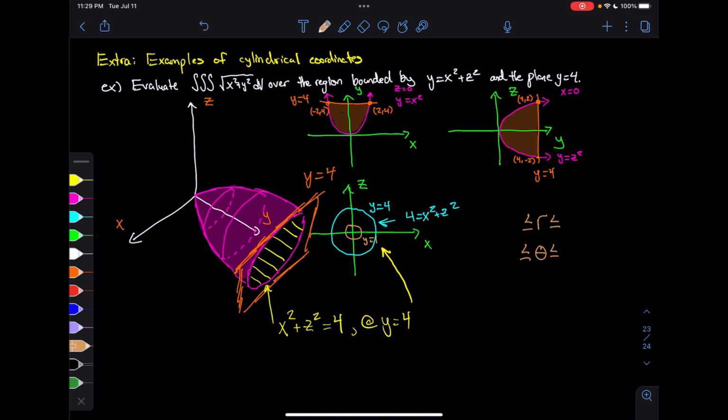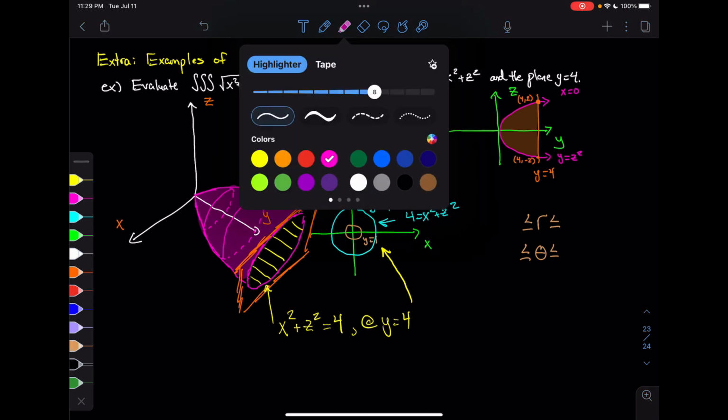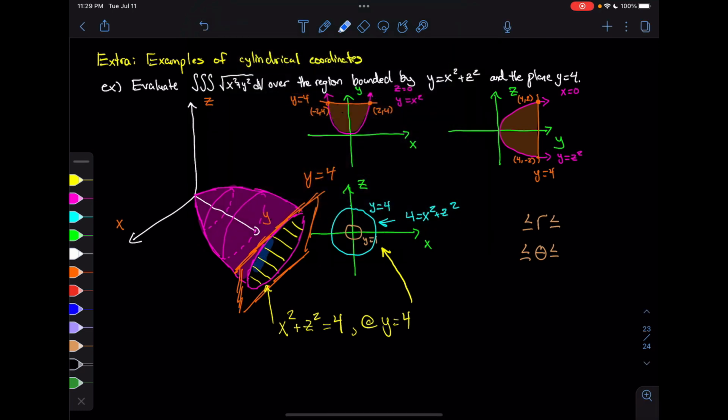So let's just use the fact that the footprint for this humongous shape, this projection of our shape onto the plane y equals 4, creates a perfect circle centered at the origin. Now the difference is that normally when we do this, there's an x here and there's a y here, and we let x equal r cosine theta and y equals r sine theta.